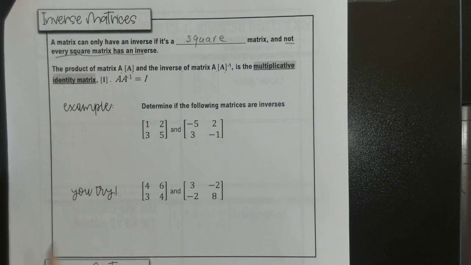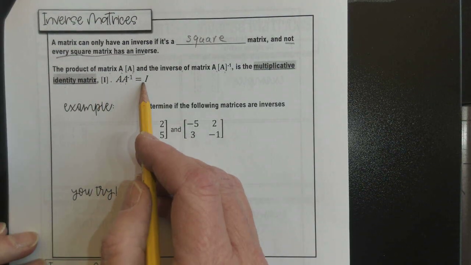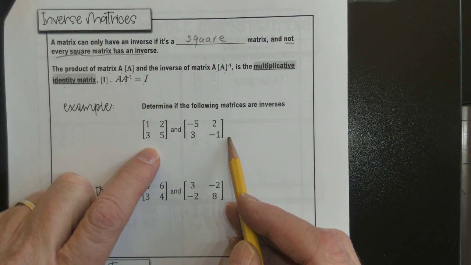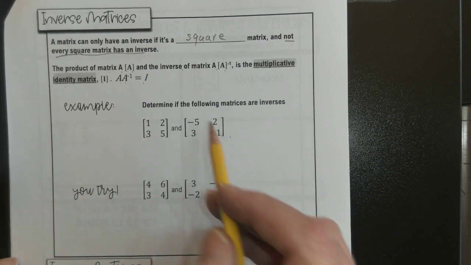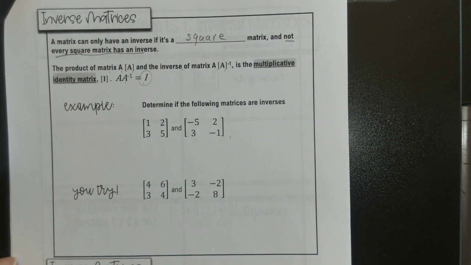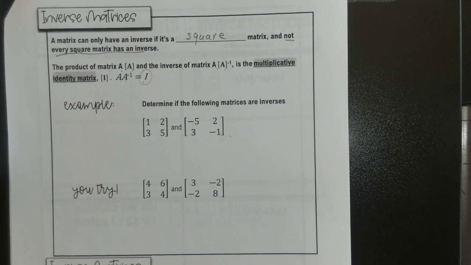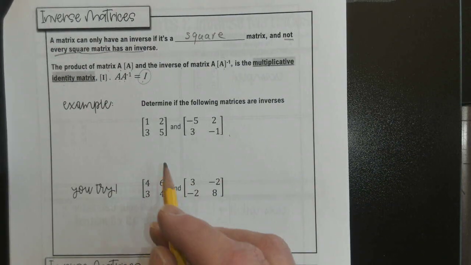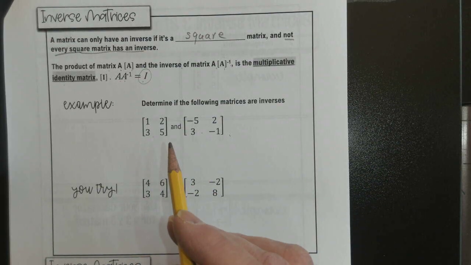Okay. So if I multiply a matrix by its inverse, what should I get? If these are inverses, what should I get? What should that answer be? Let's go ahead and give a spoiler. If these two are inverses, I'm going to multiply and I'm going to get what?